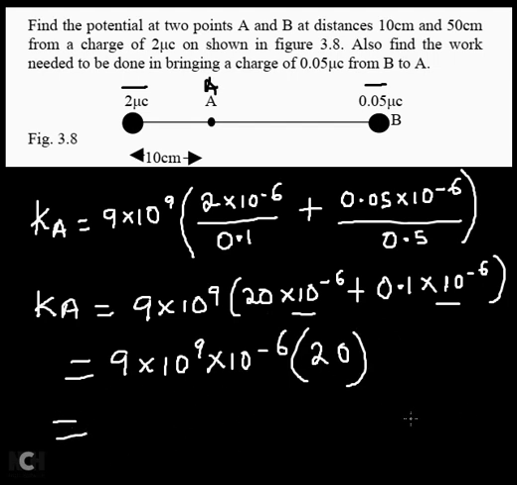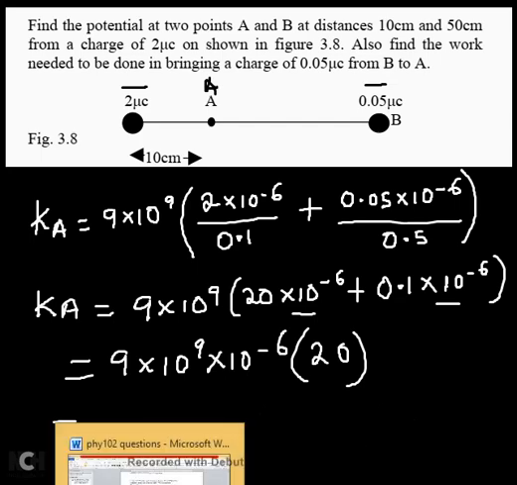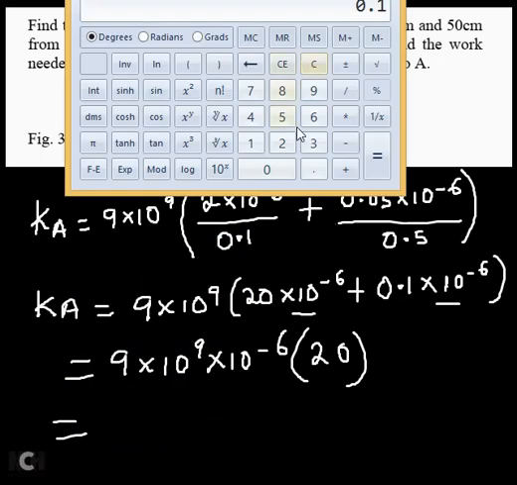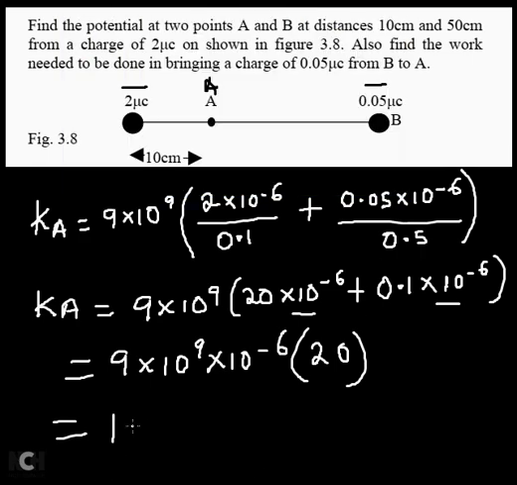So I'm having 9 times 20, that's 180. 180 times 10 to the power of 3, which of course is kilovolt.